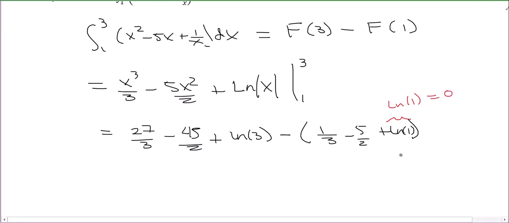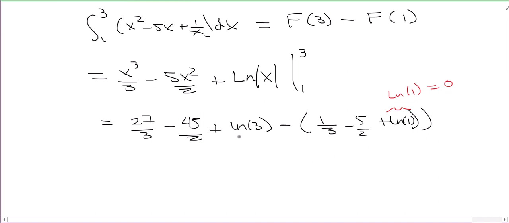And so that one will just go away, but you can combine the terms that are the same, right?